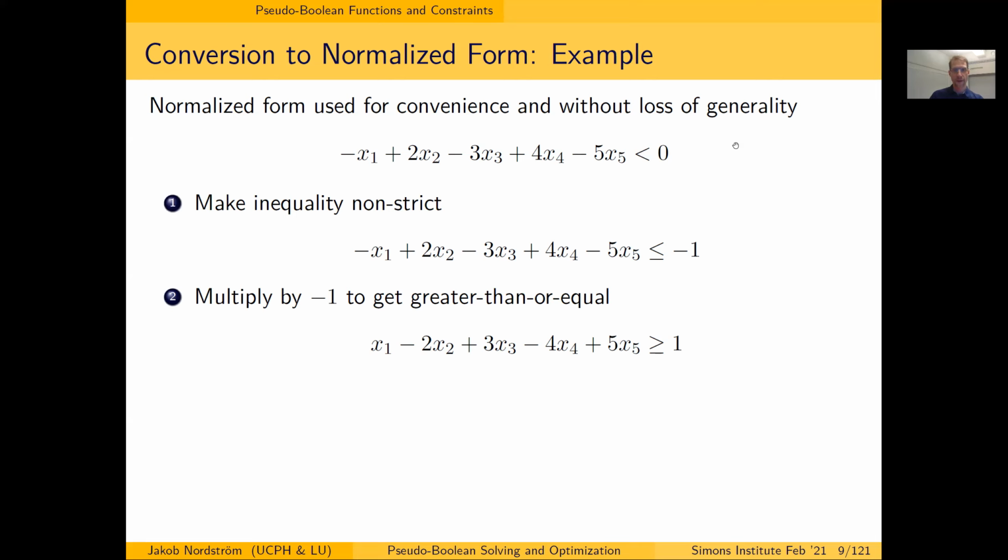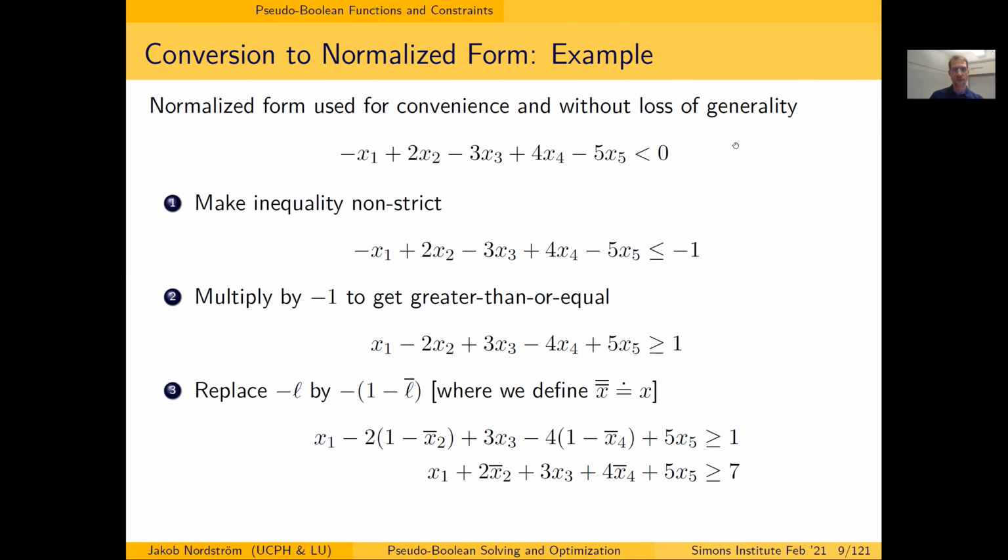And in the next step, we want to make all the coefficients positive. And we do this by replacing a negative literal minus L by minus 1 plus L bar. So if we do this, we then get x1 minus 2 times 1 minus x2 bar plus 3x3 minus 4 times 1 minus x4 bar plus 5x5 greater or equal 1.